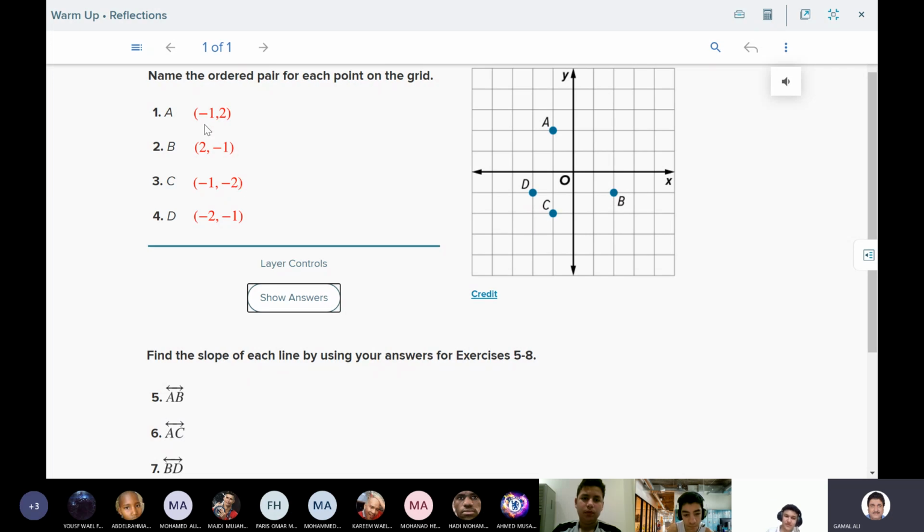It is 4. -1 minus -1 is 0. So it is 4 over 0. It is infinity or undefined because this is a vertical line. Am I correct? Okay, yes.